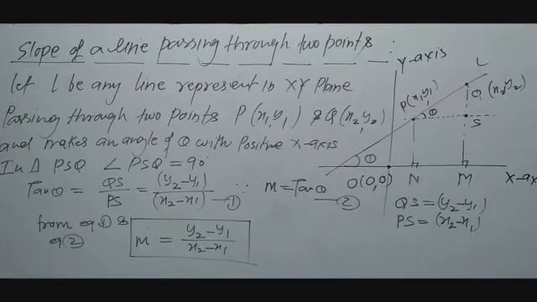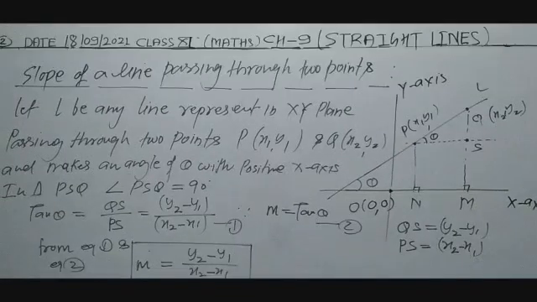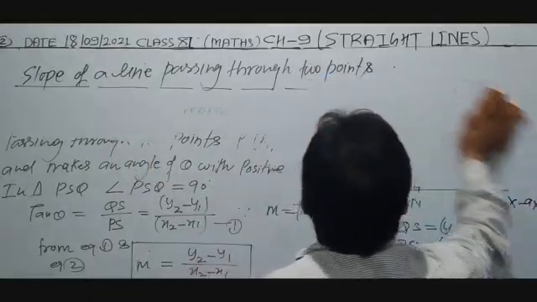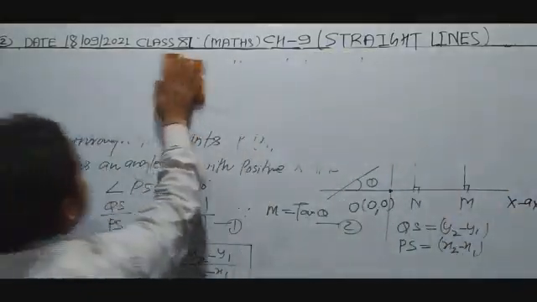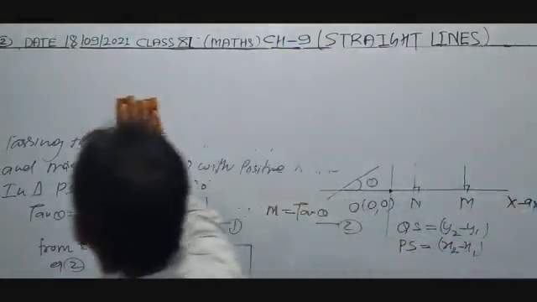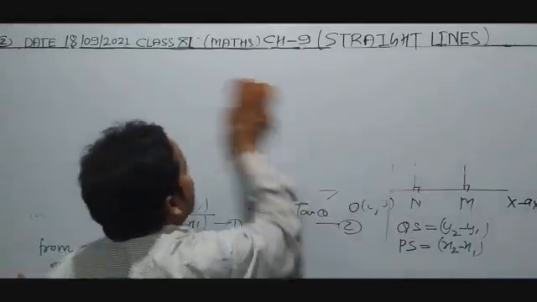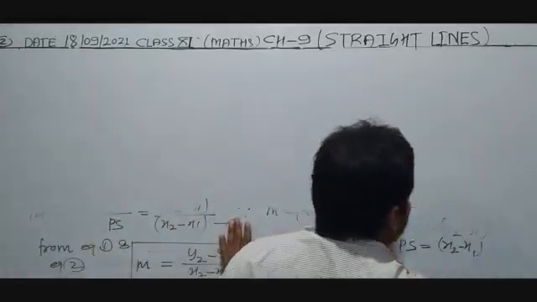Now I will come to the next topic. The next topic is equation of a line passing through a single point having slope given. New heading is equation of line passing through a single given point having slope.